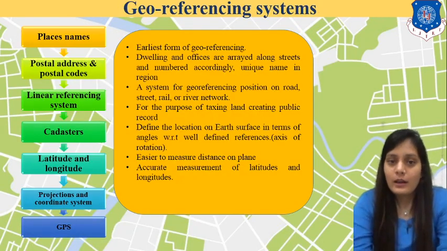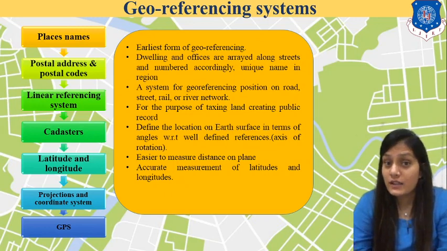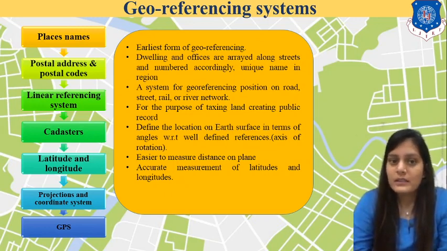Moving further, you can see here there are various types of georeferencing systems. Which are they? Here I would like to draw your attention to the first one, giving the place's name. Many years ago, say 10 years ago, we didn't use latitudes and longitudes much, and we were not using any Google Maps application. We were just giving specific names; streets are also given specific names, and postal codes.